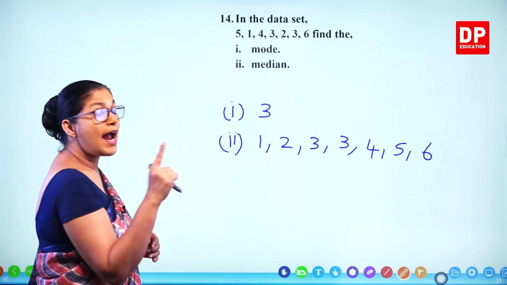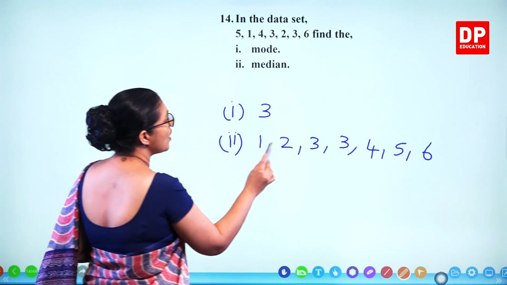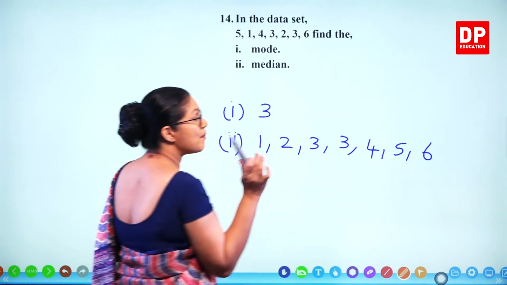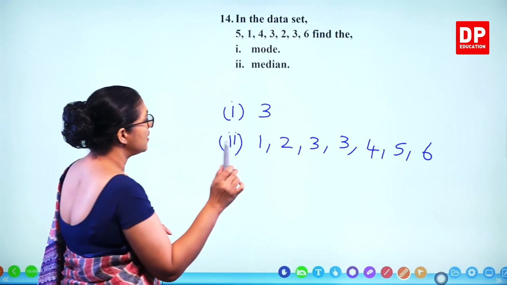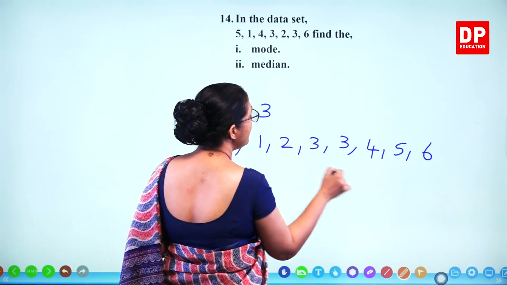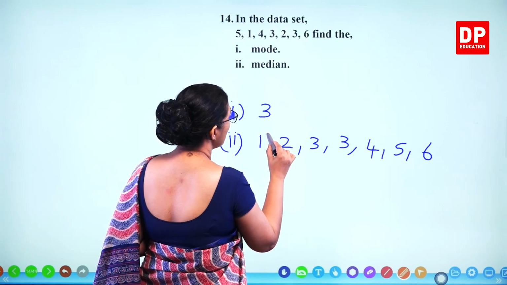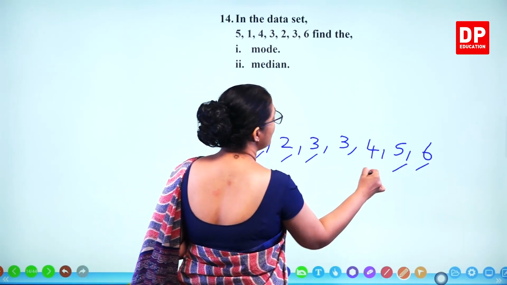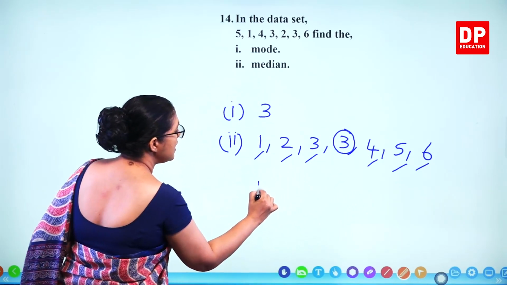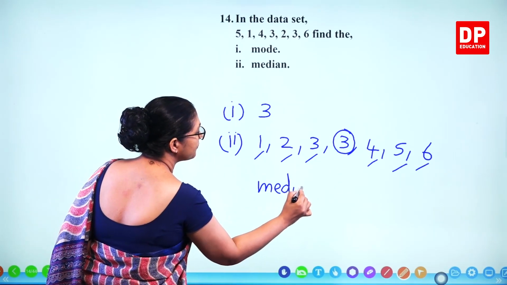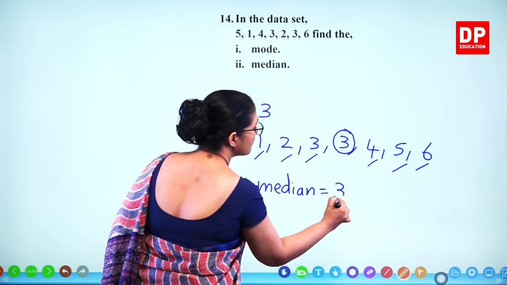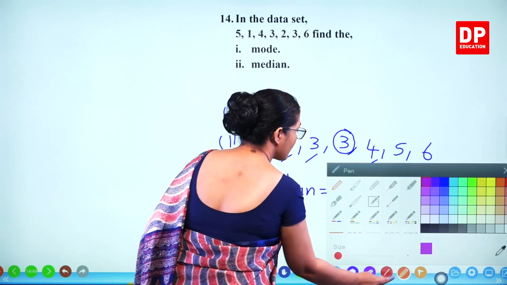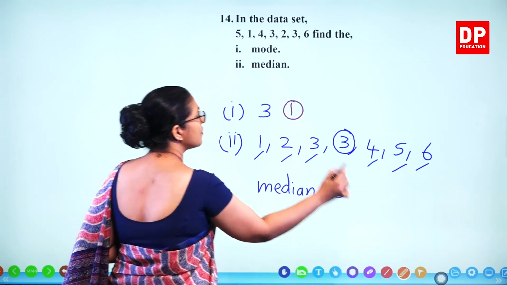Arrange this in order and you can find the middle. 1, 2, 3, 4, 5, 6, 7. That means 1 middle number. 7 is odd number of numbers. So you can cross it out. 1, 2, 3. So median is 3. One mark each.